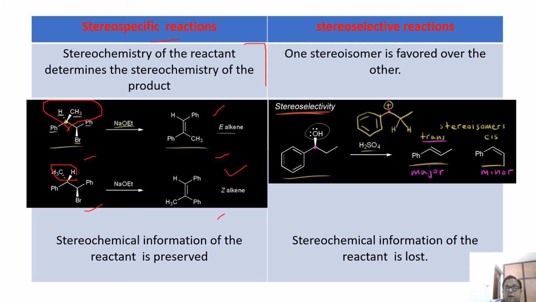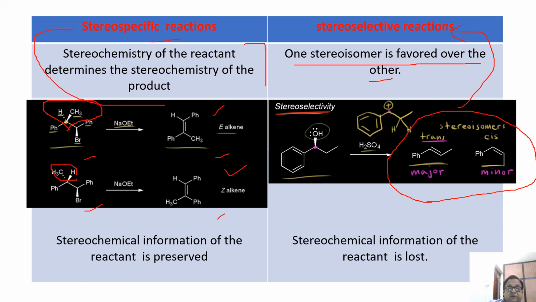But here we are getting both the isomers, in which one is major, another is minor. Means one stereoisomer is favored over the other. Such a situation is called a stereoselective reaction, and the other type is called a stereospecific reaction.